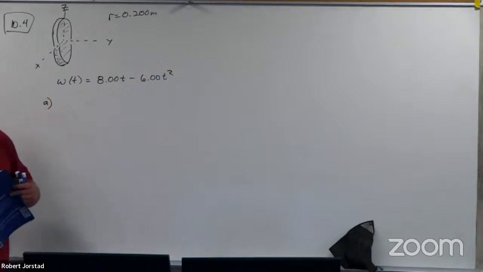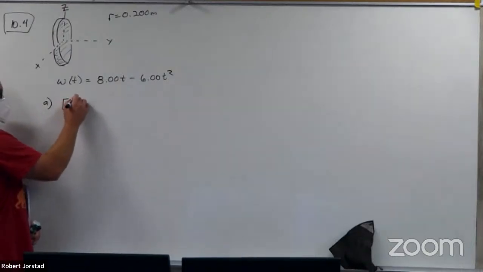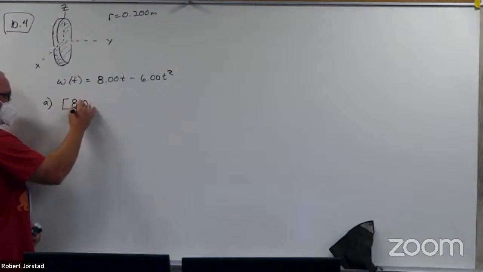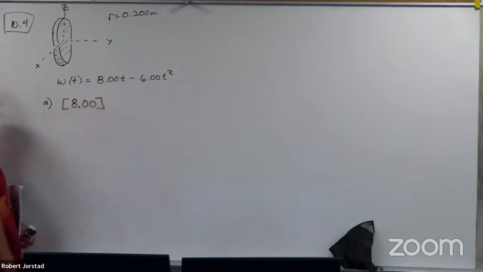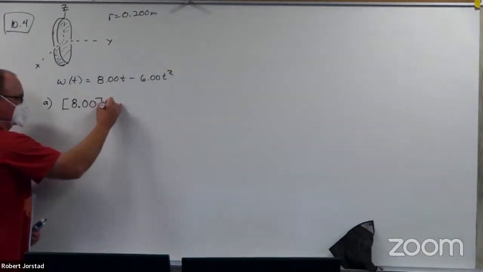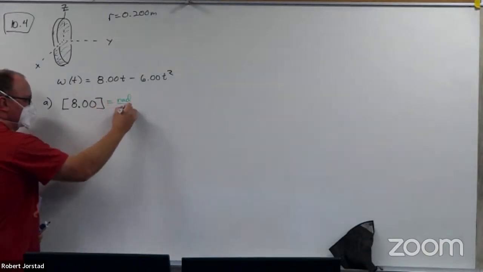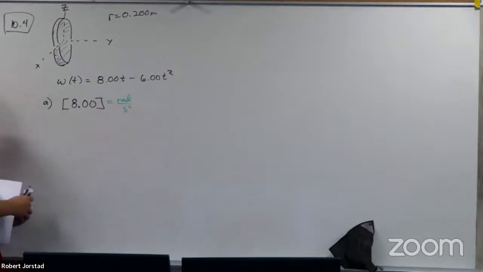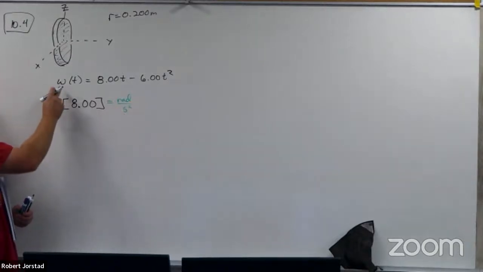How do you find the units? Give me the units of A. We should know the units of our constants before we trust them and start working with them. What does that have to be? Per second squared. That's correct. If it helps, remind me, what are the units of omega of t?